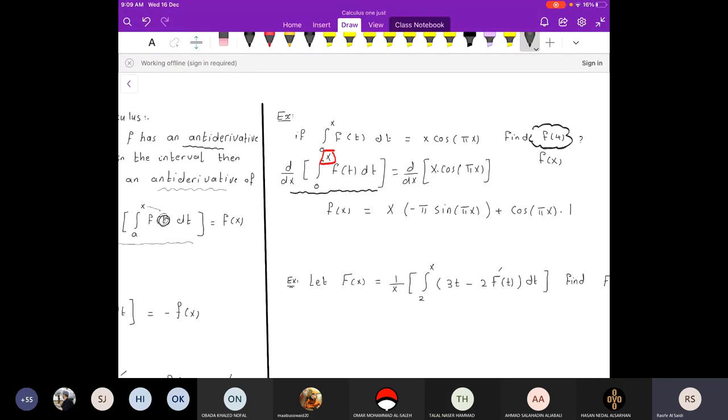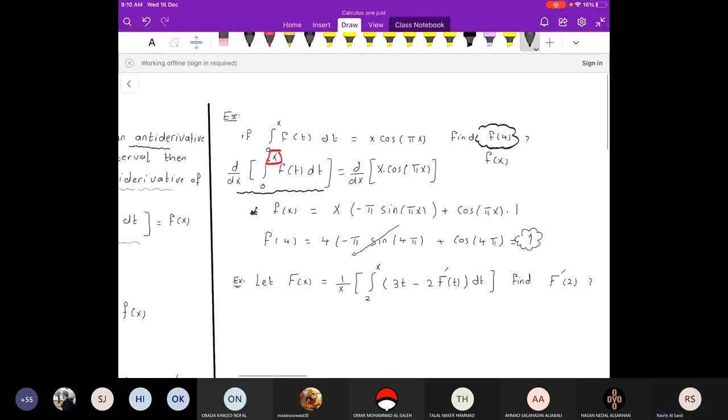Now we have the function f(x), so we substitute 4 instead of x. f(4) equals minus 4 pi sine 4 pi plus cosine 4 pi. Sine 4 pi is 0, so that term is cancelled, and cosine 4 pi equals 1.